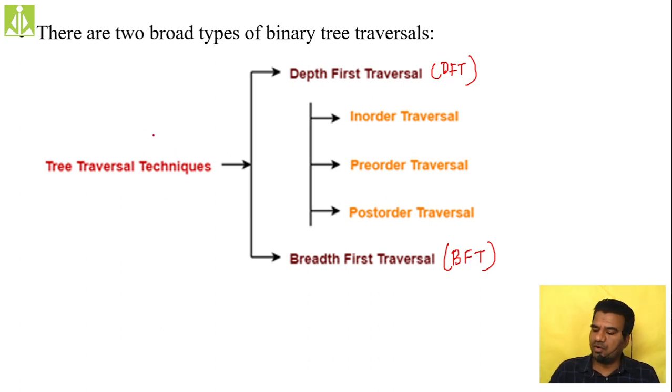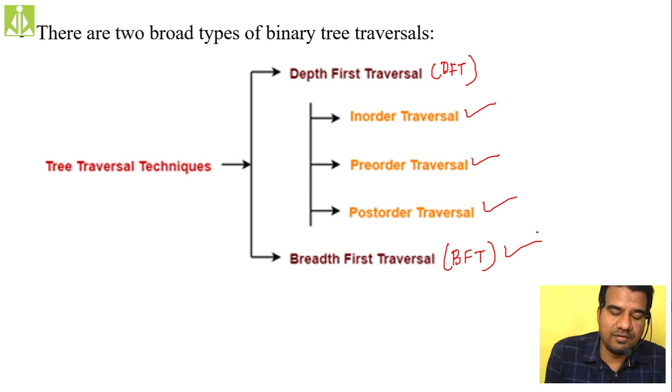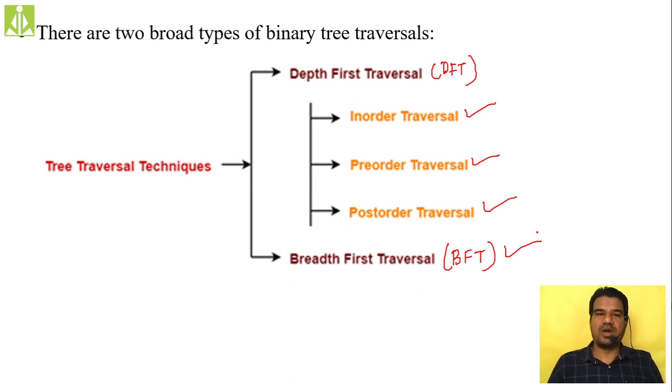Basically four, but they majorly focus on these three: in-order, pre-order, post-order, and we also discuss BFT. If they ask you to write about DFT, you have to write all three: in-order, pre-order, and post-order.